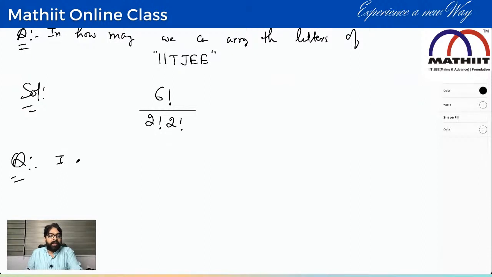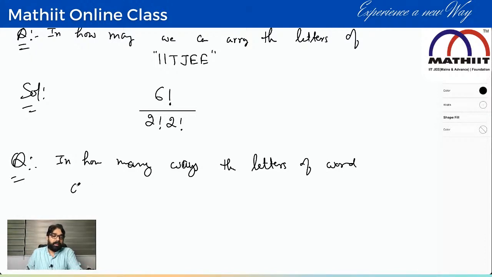In how many ways can the letters of the word A, B, this is a comma, don't use this one, this is just to show you. Okay, some people will take this one also as an object.